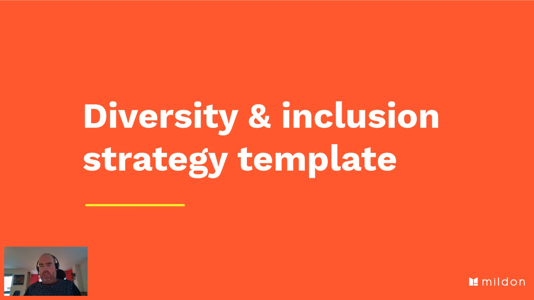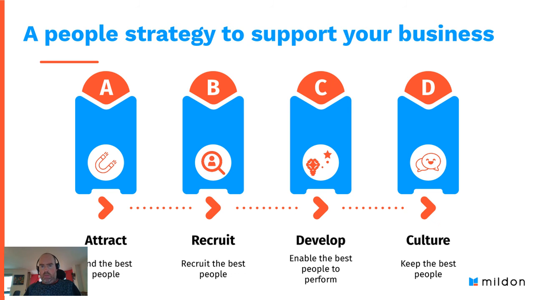So I said I was going to give you a template for diversity inclusion, and this is something that you can take away. Really, the strategy is to think about 4 key areas of activity. This chart aligns with the employee journeys that I talked about at the beginning of the webinar.